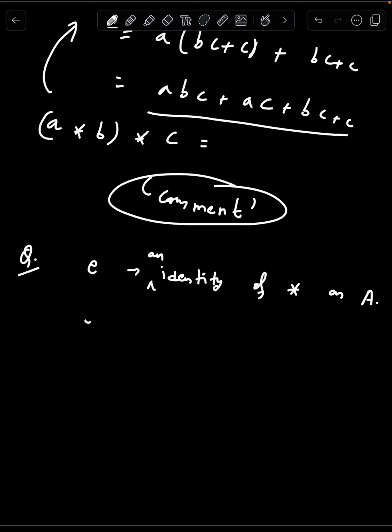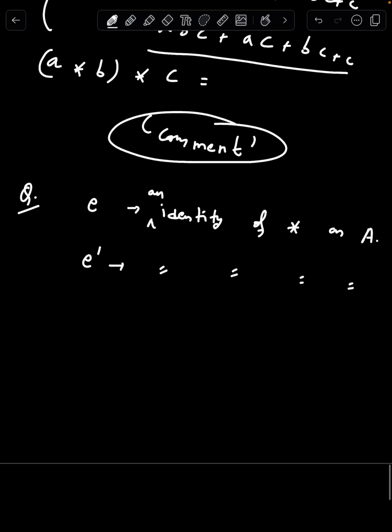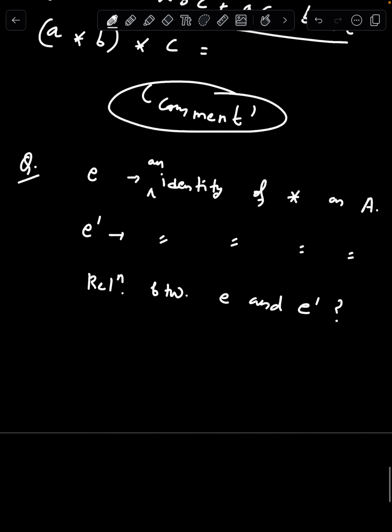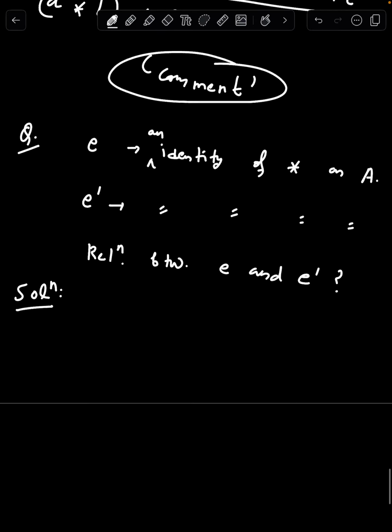And let's say E dash is also an identity of star on A. Then what is the relation between E and E prime? What do you think should be the relation? What if I told you that they're same?